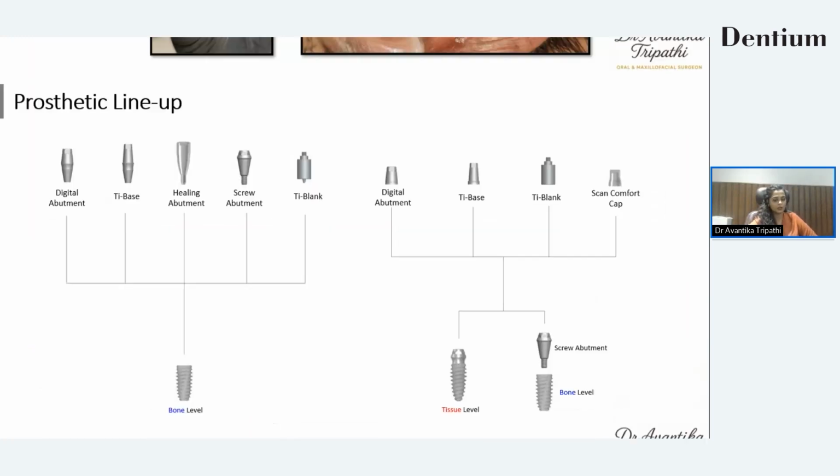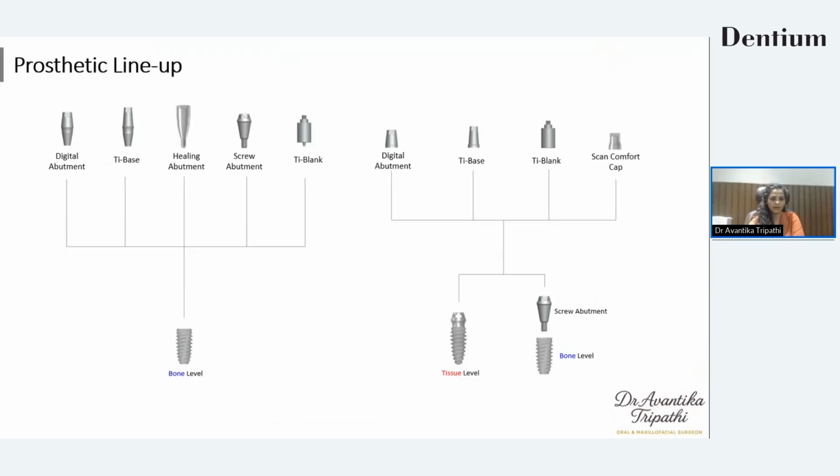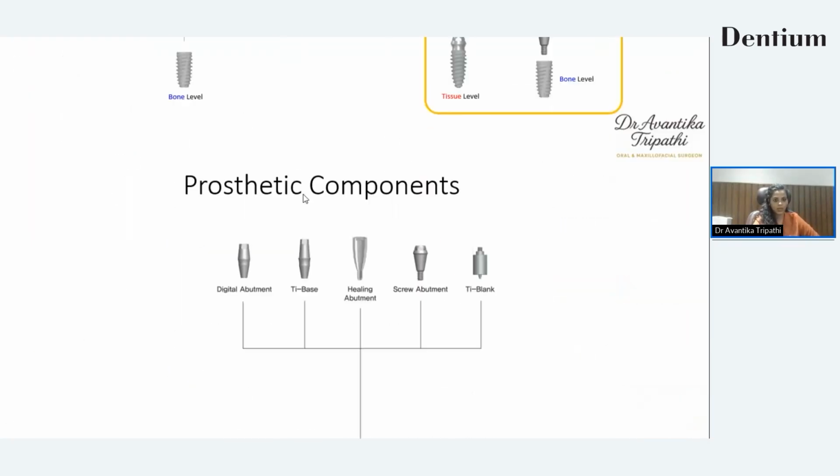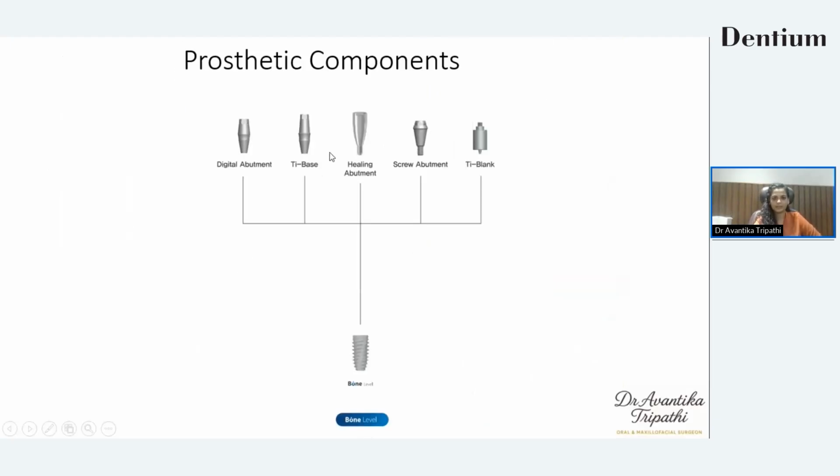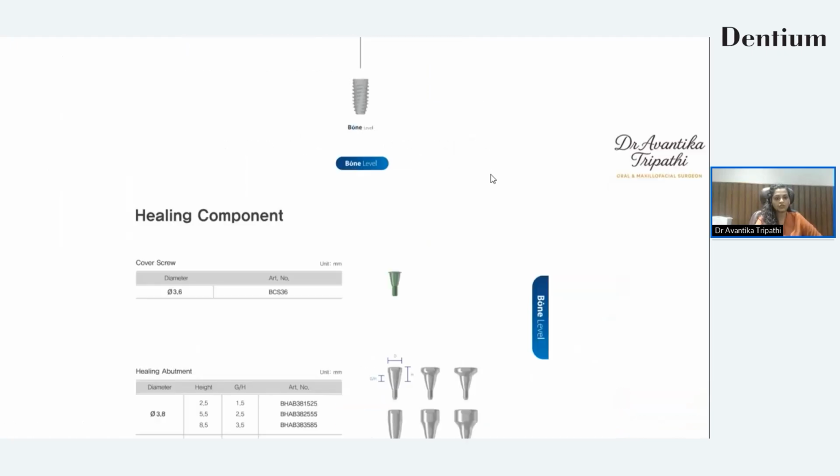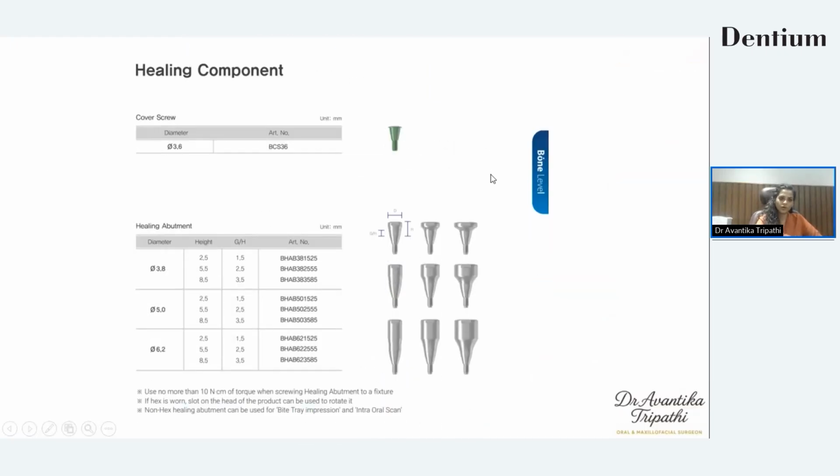So the prosthetic lineup for bone level implant is: a digital abutment, TI base, healing abutment, screw abutment, and a TI blank. We all know about cover screws and healing abutments. The cover screw is standard.